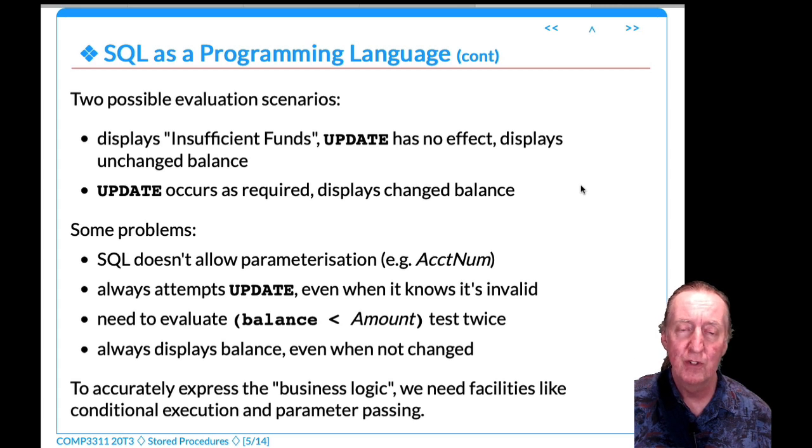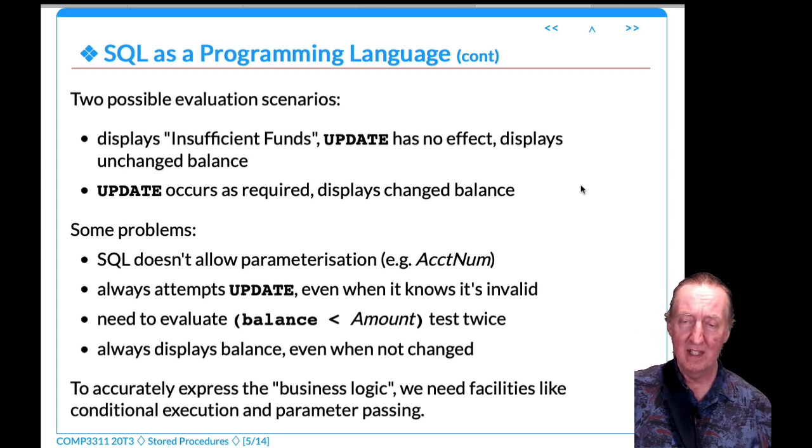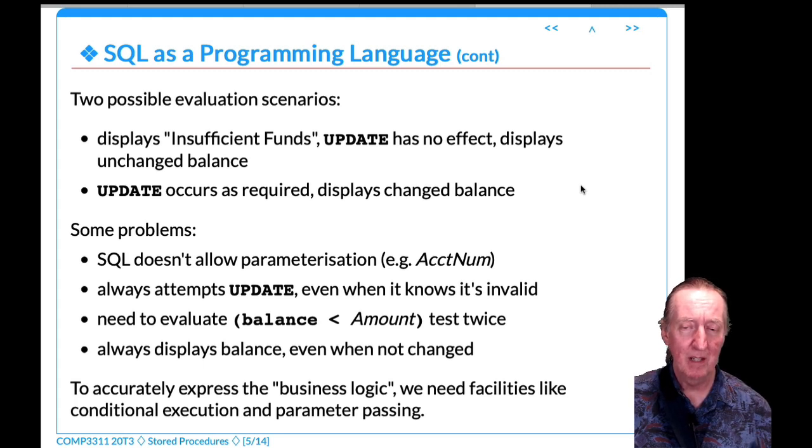Right, I've already alluded to some of the problems. SQL doesn't allow us naturally to feed in things like account number and amount. And it always attempts the update, even when we know that we don't need to. And a kind of simple thing, but we need to evaluate that balance check twice.